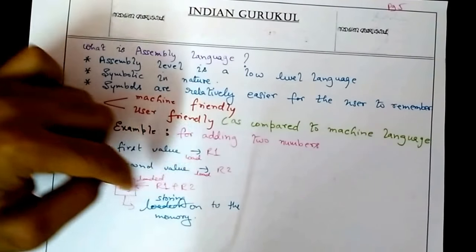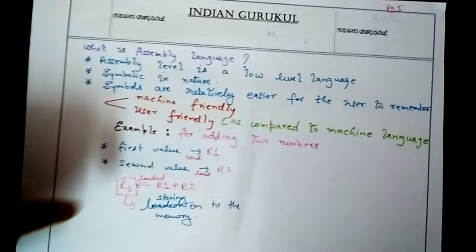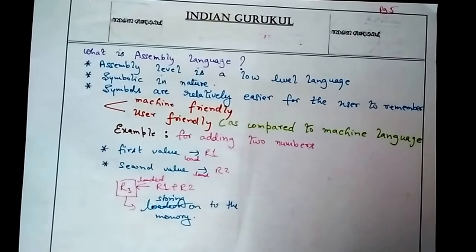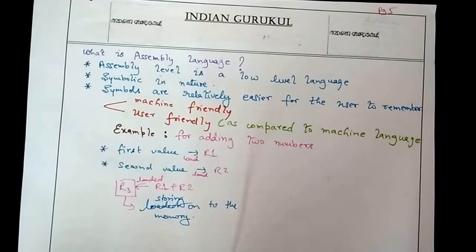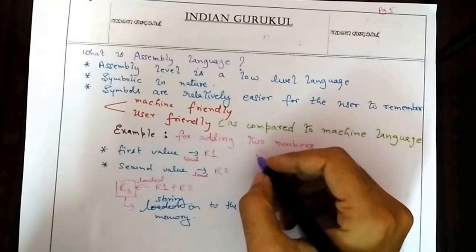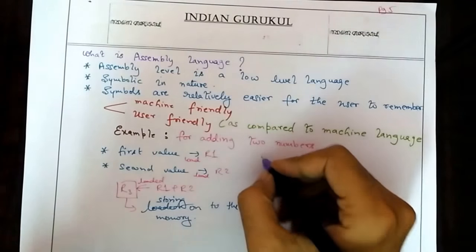Now we will add these two values and store the result into another register known as R3.